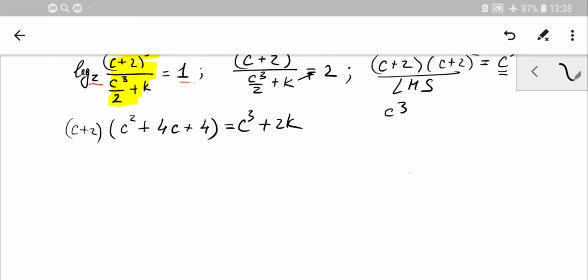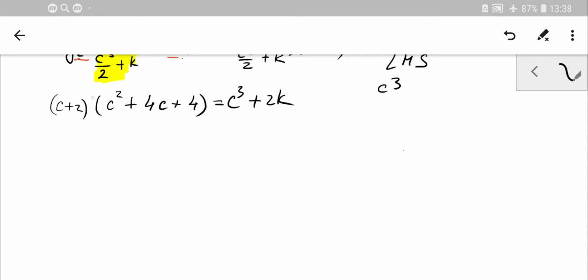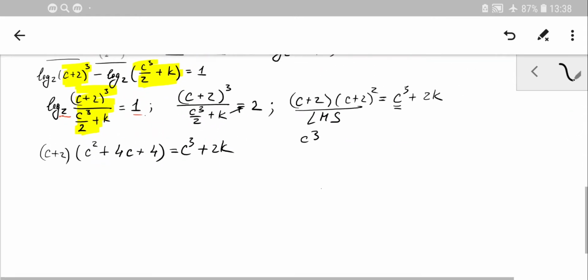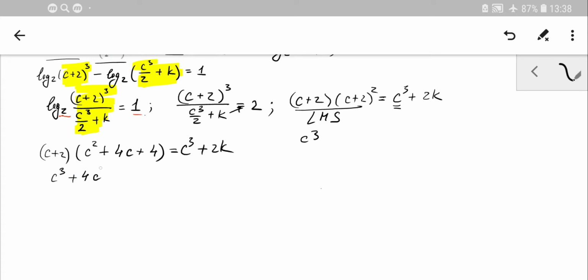Right now I want to expand the brackets, so I'll do that quickly. We'll get c cubed plus 4c squared plus 4c, and then taking 2 we'll get 2c squared plus 8c plus 8, which is equal to c cubed plus 2k.